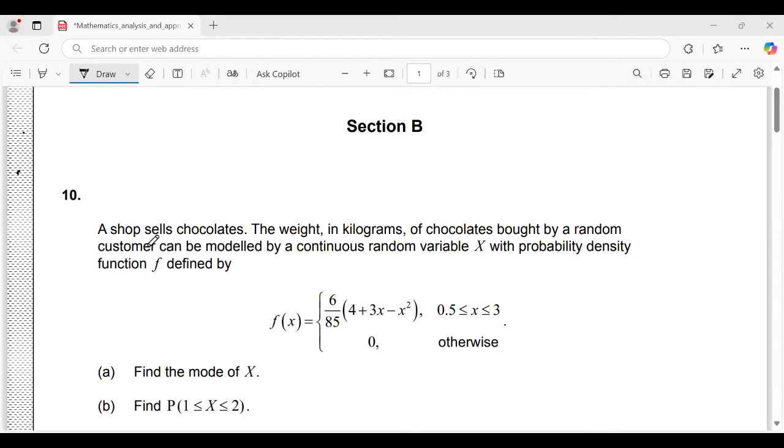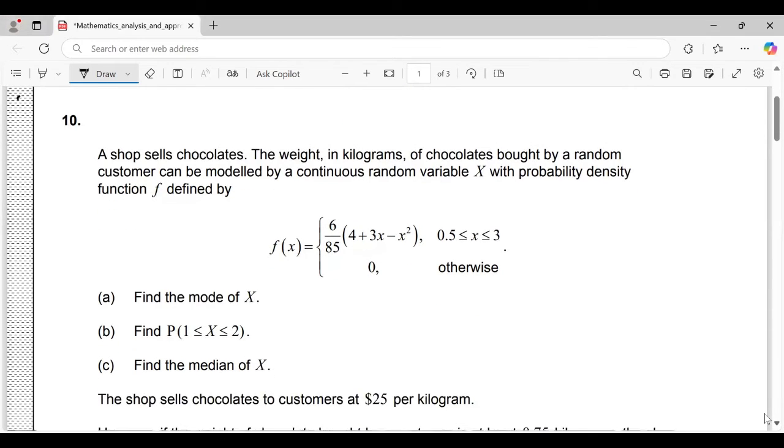A shop sells chocolates. The weight in kilograms of chocolates bought by a random customer can be modeled by a continuous random variable x with probability density function f defined by this function. Find the mode of x.